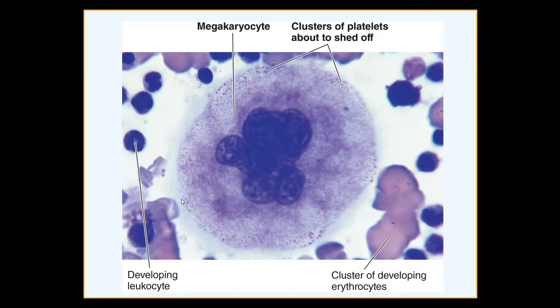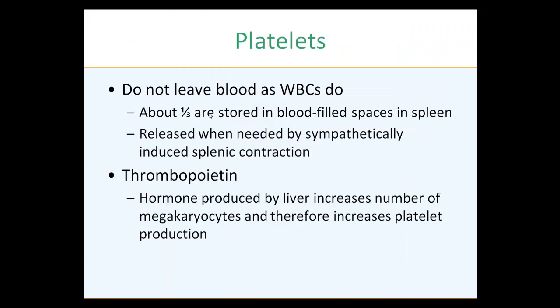So here is a picture of the megakaryocyte, and you can see shedding from the megakaryocyte pieces, tiny little pieces of platelets, and those are again portions of the megakaryocyte budding out and shed away to form those platelets.